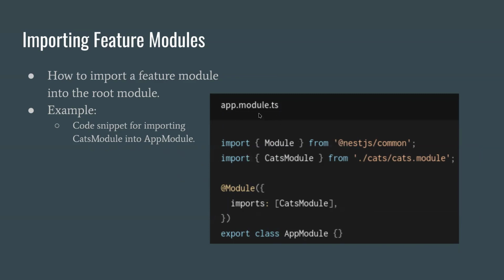We are in the root module, and what we're doing is importing CatsModule from the cats module file, and then adding this module into the imports array. By importing the CatsModule into the AppModule, we are integrating its functionality into the overall application structure, making its controllers and providers available for use.